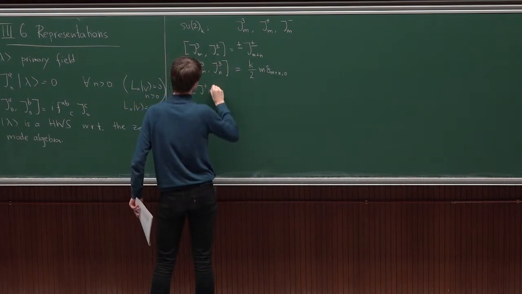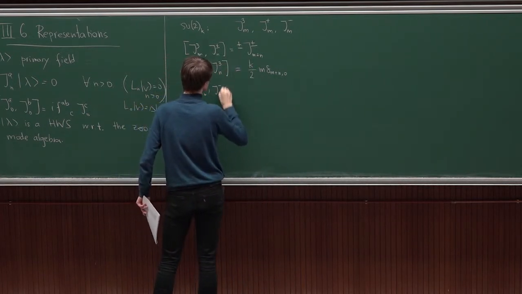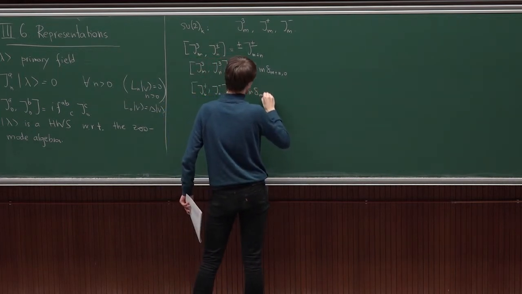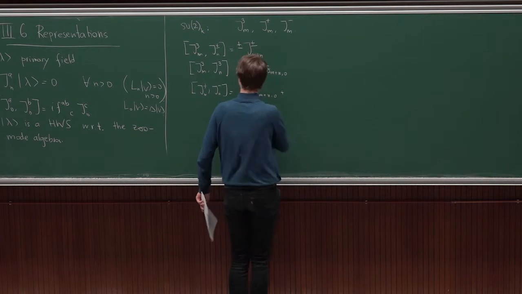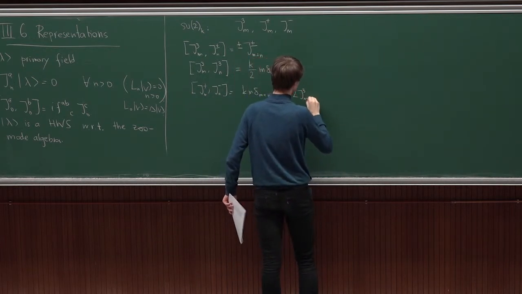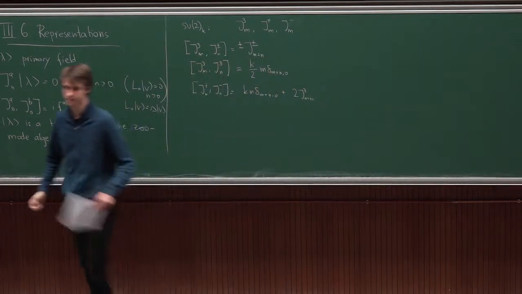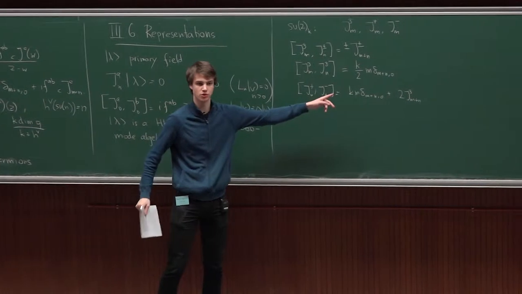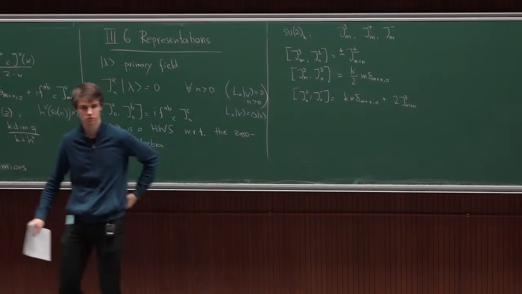And finally, we have the J plus with J minus, and they have a central term as well as a non-central term, which is 2 J3. So that's one way of writing the SU(2) algebra. And pluses with pluses all commute, minuses with minuses all commute.